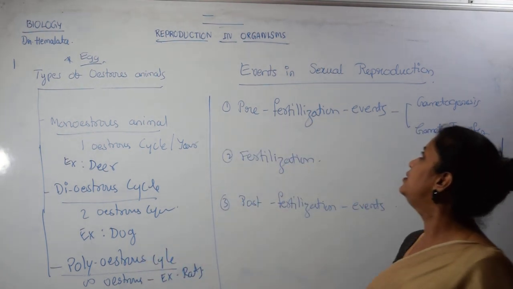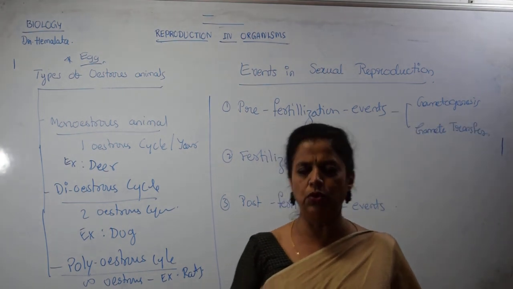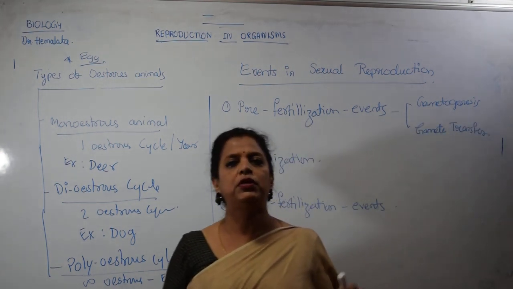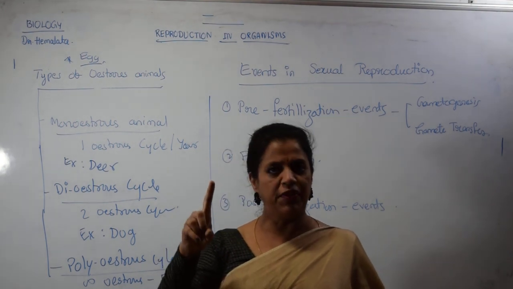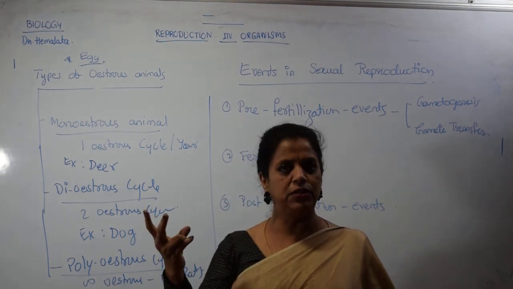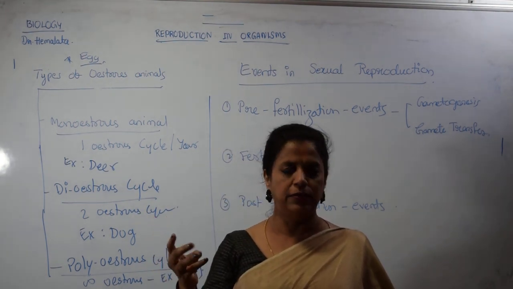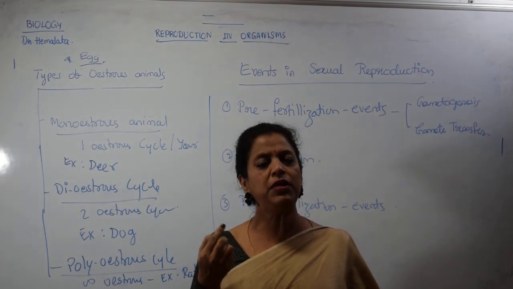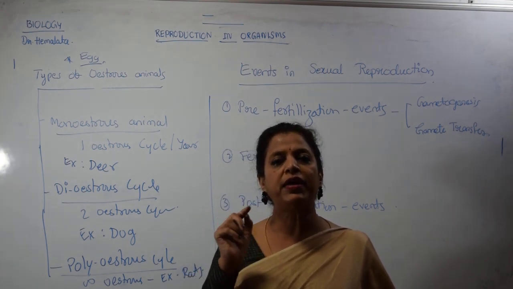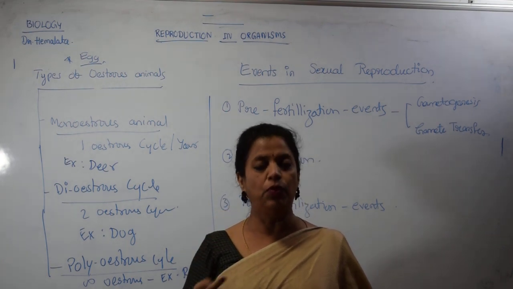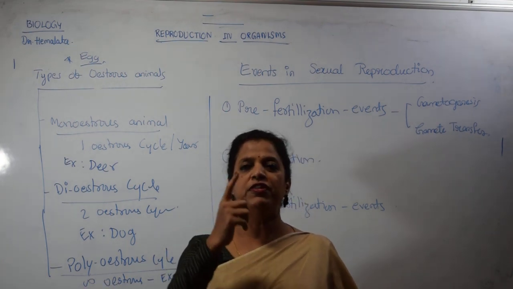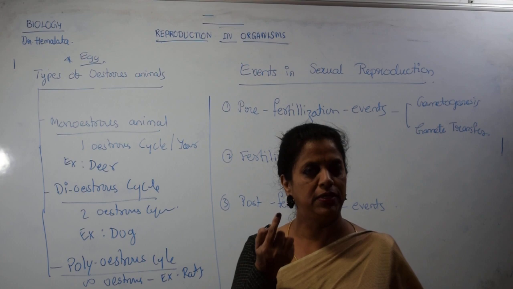So what are the various events happening in sexual reproduction? We already know that sexual reproduction happens in 3 phases: pre-fertilization events, fertilization, post-fertilization events. Pre-fertilization means the activities happening before fertilization. First thing is formation of gametes, right?